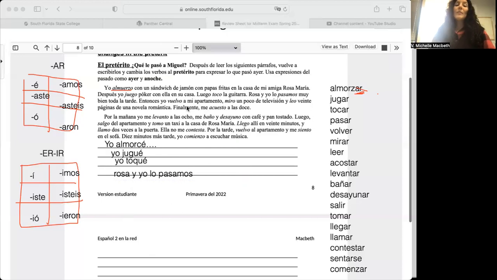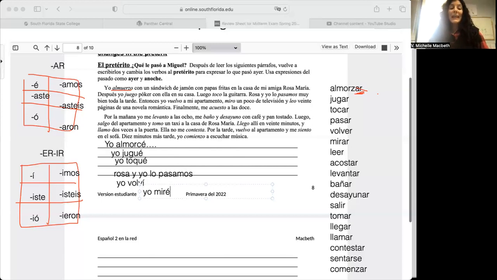Entonces, yo, okay, well, we have volver. So that's going to end in an ER. So we're going to have yo volví in the past tense, right? And then we have miro, which is an AR. So we're back to miré. Yo miré. No?